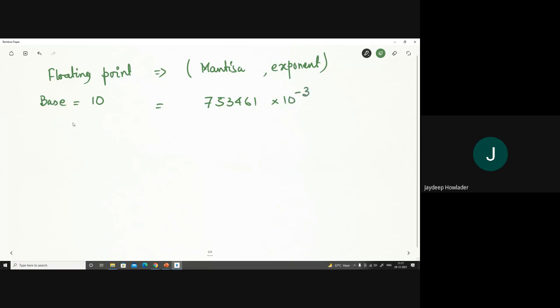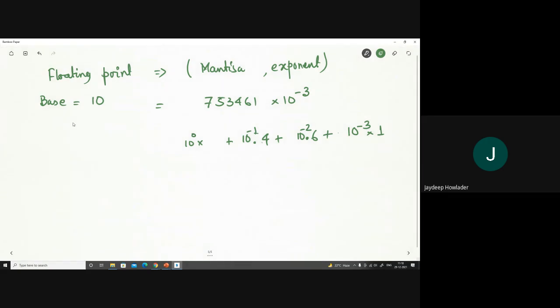That means we are representing a number which is starting with 10 to the power -3 into, say, 1, then 10 to the power -2 into 6, then 10 to the power -1 into 3, and then we have 10 to the power 0 into, sorry, this is 4. This one comes with the value of 4.